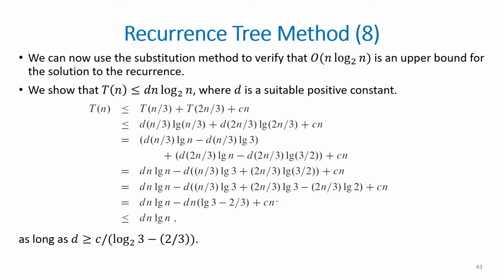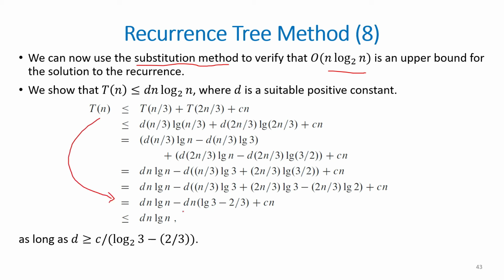Now that we have guessed our solution, next we have to use the substitution method to verify that this solution actually is the solution for the recurrence equation. So we define T(n) as less than or equal to d times n log n, where d is a constant value, and then we plug it into the equation, and we reach this point after the mathematical manipulation.